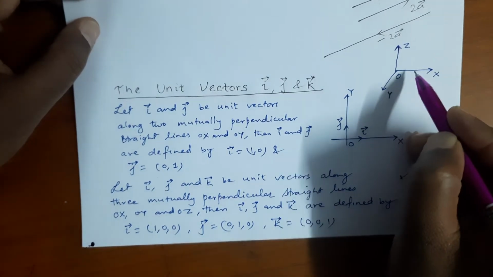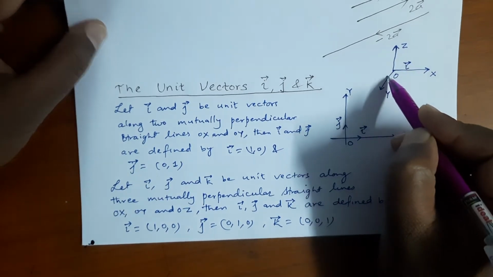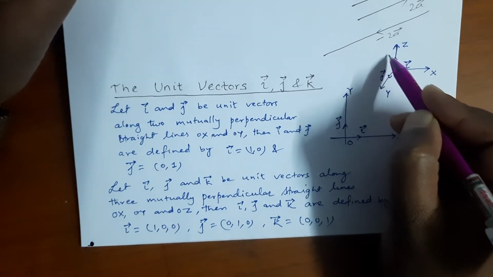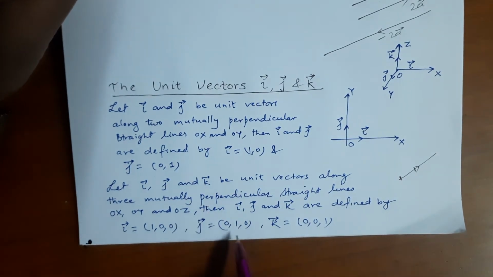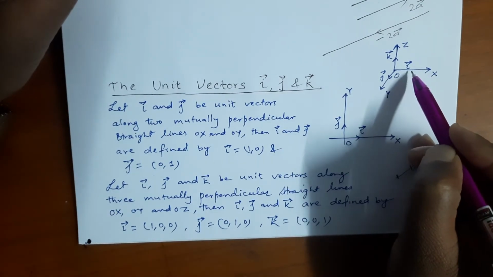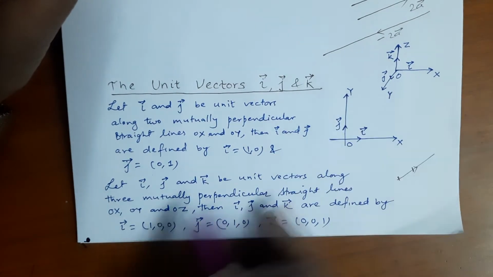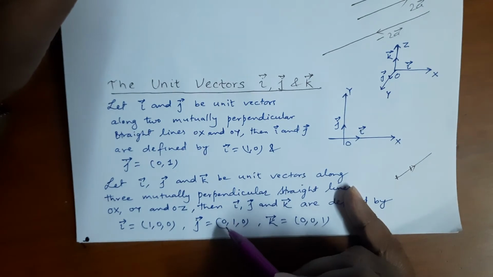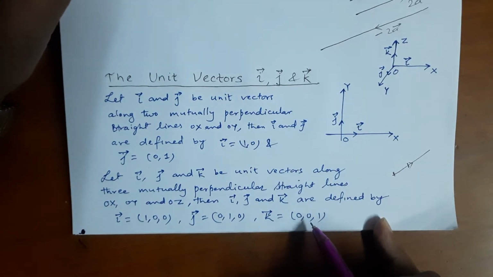Along the x-axis the unit vector is I, along the y-axis the unit vector is J, and along the z-axis the unit vector is vector K. In this way, I is (1, 0, 0), J is (0, 1, 0), and K is (0, 0, 1). Along the x-axis only the x coordinate is 1 and the other coordinates are 0 because its length is 1. Along the y-axis, except the y coordinate, other coordinates are 0. Along the z-axis, except the z coordinate, other coordinates are 0.